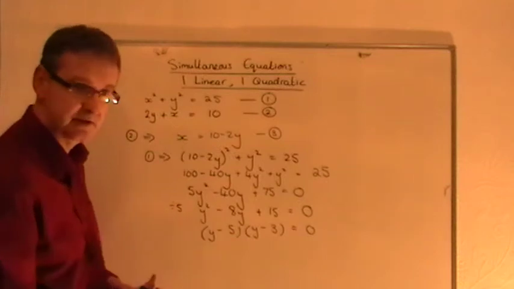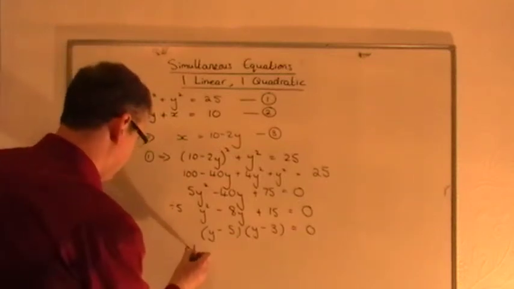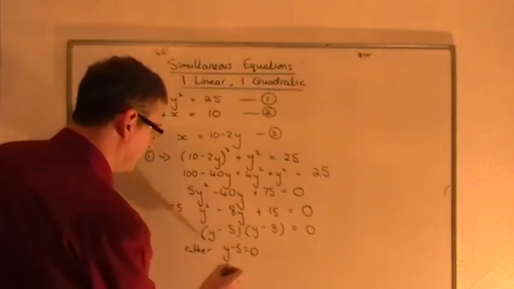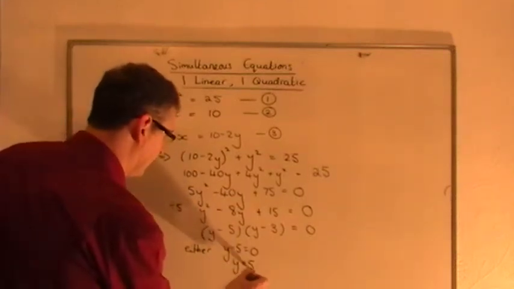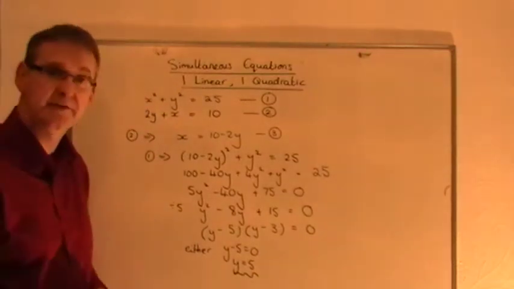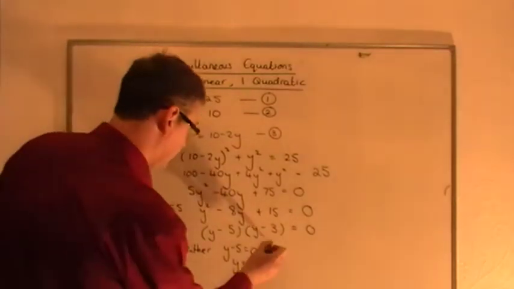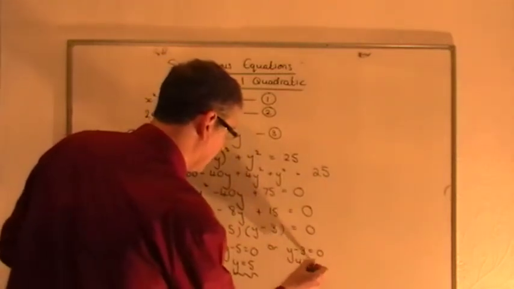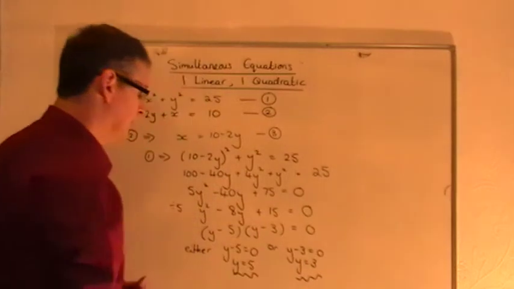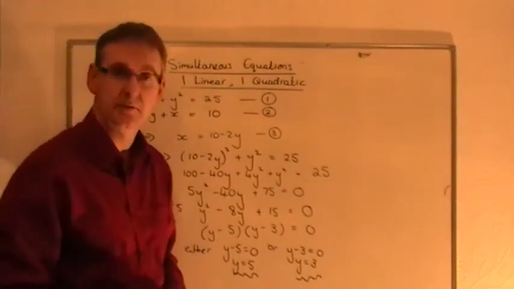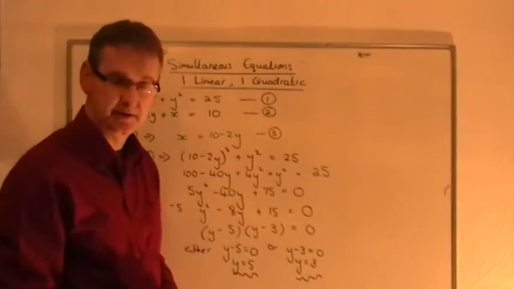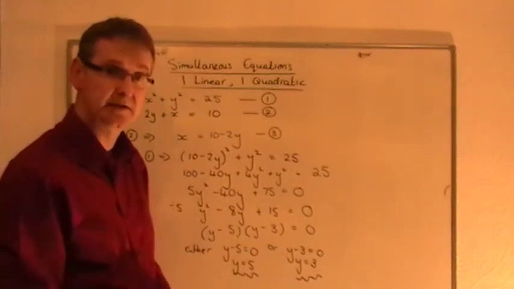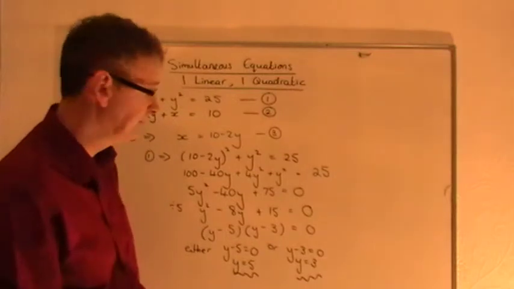So there's the factorisation. Either the first bracket equals 0, in which case y equals 5, or the second bracket y minus 3 equals 0, in which case y is 3. So you get two possible answers for y, and as a result two possible x answers that go with them, so two pairs of solutions.